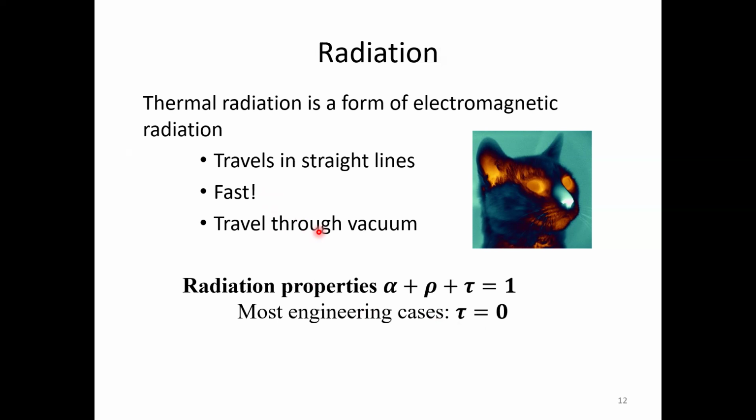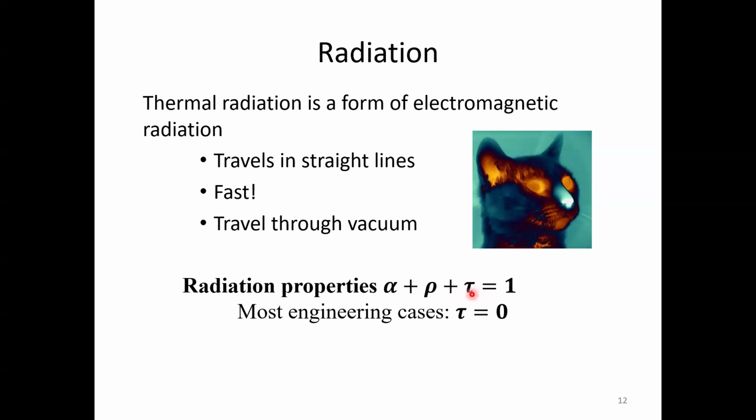All right, so radiation properties. Radiation energy can either be absorbed, and we indicate this by absorptivity alpha, or radiation energy can be reflected, which would be reflectivity, or radiation energy can be transmitted.